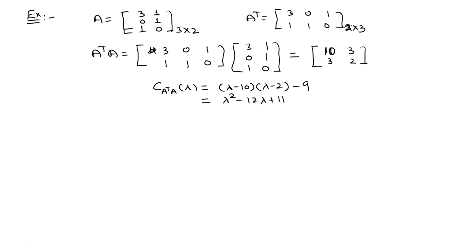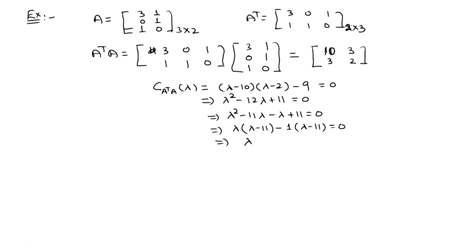If this equals 0, that means lambda square minus 11 lambda minus lambda plus 11 equals 0. If I take lambda common, lambda minus 11, minus 1 common, lambda minus 11 equals 0. So, the eigenvalues of A transpose A are 11 and 1.